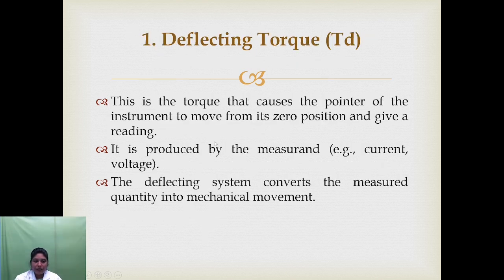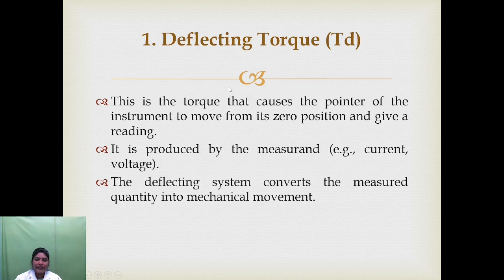In deflecting torque, this is the torque that causes the pointer of the instrument to move from its zero position and give a reading. For every instrument, the deflecting torque is provided in various ways, and you can see them one by one. Initially, the current from the coil is converted to a force, and the force tends to move the pointer from the zero position.